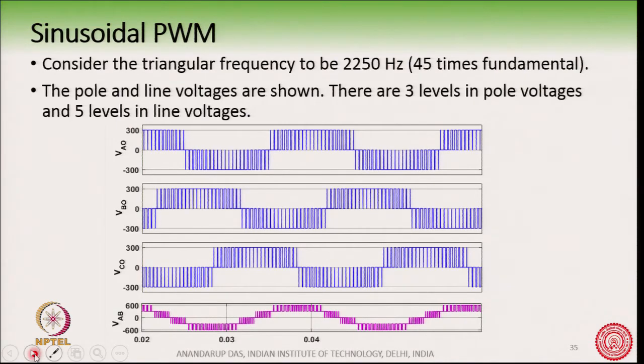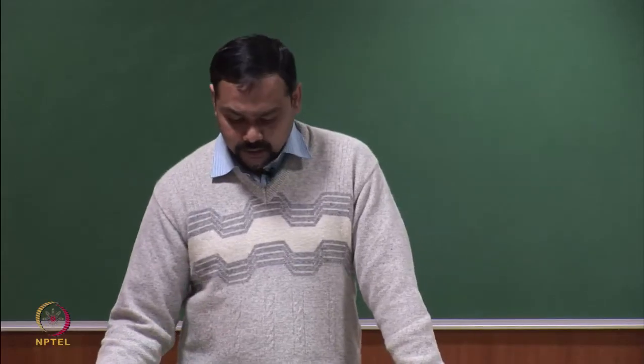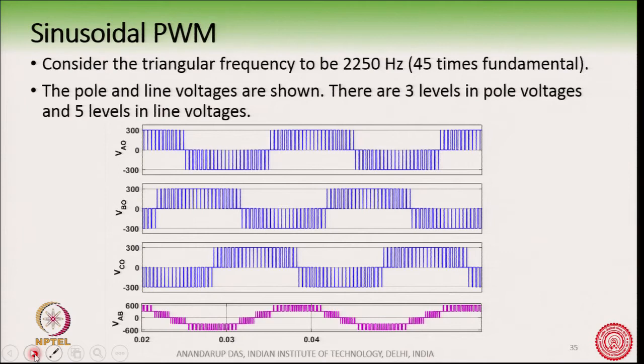Suppose the triangular frequency is 2250 hertz, that is 45 times the fundamental, where the fundamental frequency is taken as 50 hertz. Okay. So, here we see the pole voltage and the line voltage waveforms based on the logic which we had just described in the last slide.